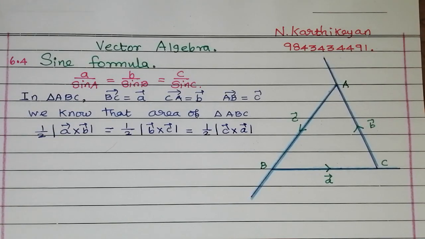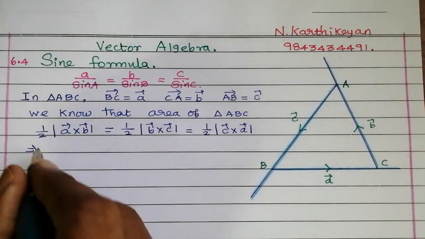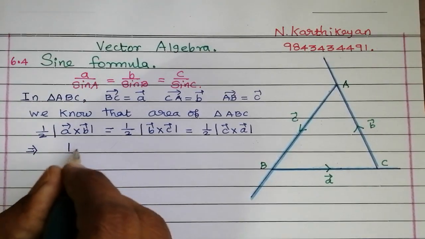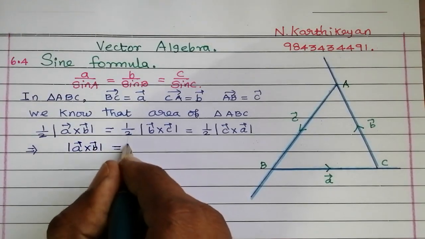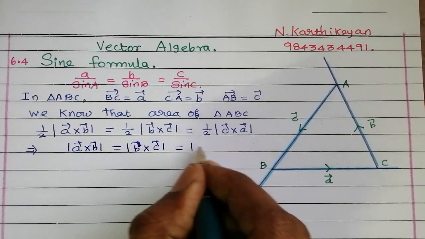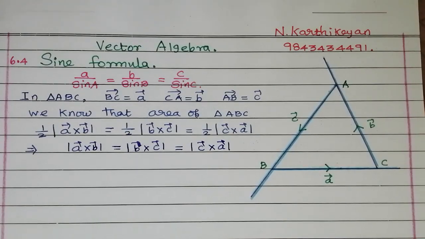So this is the formula to find the area of a triangle. Multiplying throughout by 2, we get modulus of a cross b equal to modulus of b cross c equal to modulus of c cross a.